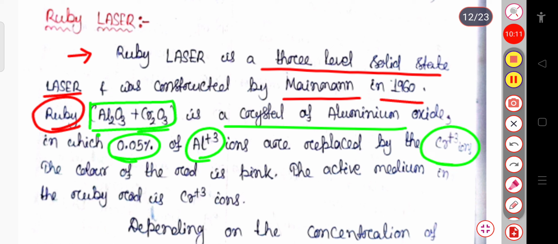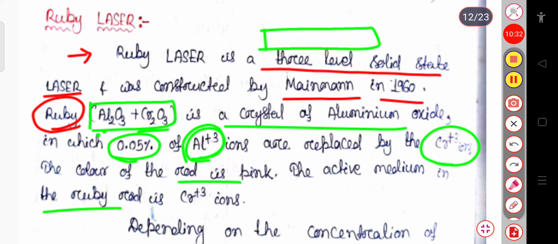So in this case the aluminum ions are replaced by the chromium ions. The color of the rod is pink, and the active medium in the ruby rod is chromium ions.